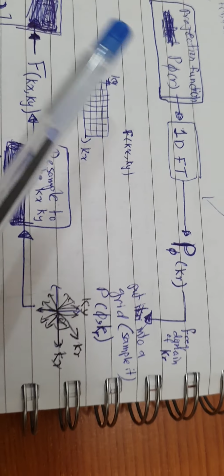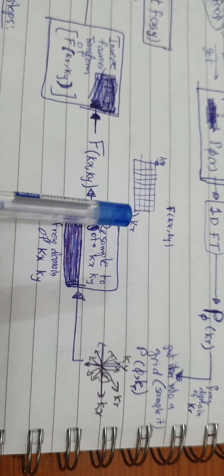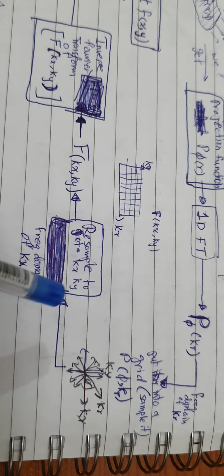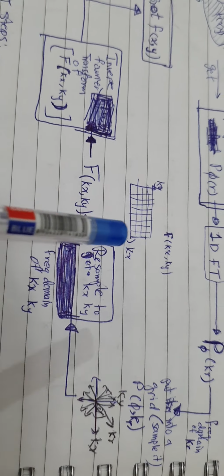So we take it at different samples. Okay, then we resample it. Why? To get the kx and ky of f of kx, ky, which is this.